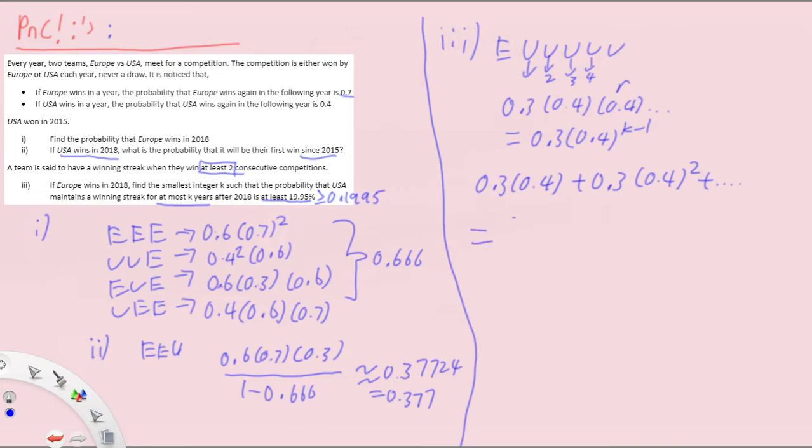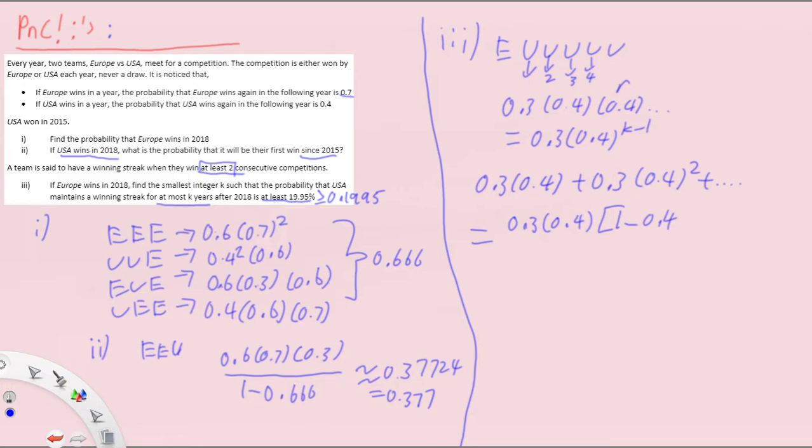If we recall the formula for the summation of a geometric progression: first term times 1 minus the ratio, with the power being the number of terms. So we want to sum until 0.3 times 0.4 to the power k minus 1. So how many terms do we have?